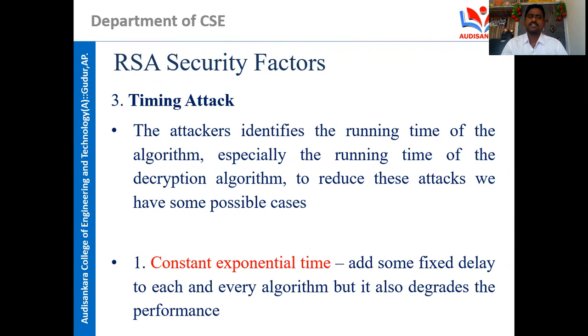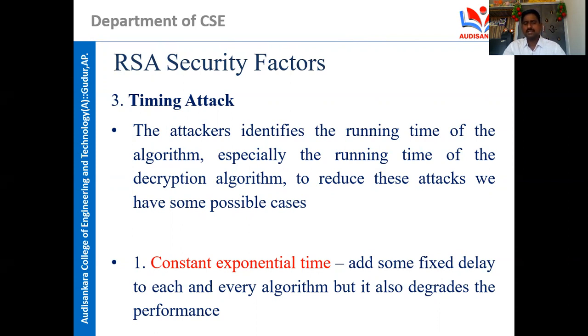What is this? The attackers identify the running time of the algorithm, so how much time it will run, especially the running time of the decryption algorithm. To reduce these attacks, we have some possible cases. If they identify the running time, there is a chance of attack. So to overcome that problem, what to do? The first one is constant exponential time. What do you mean by this?